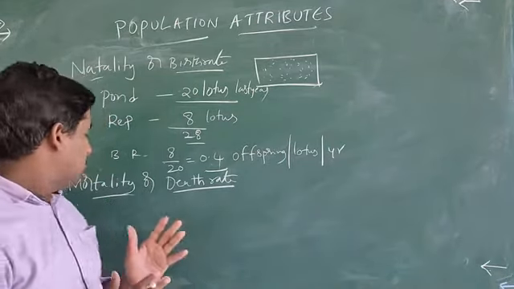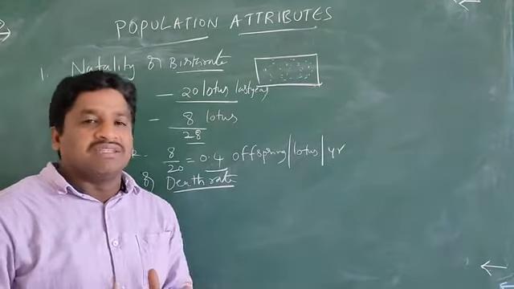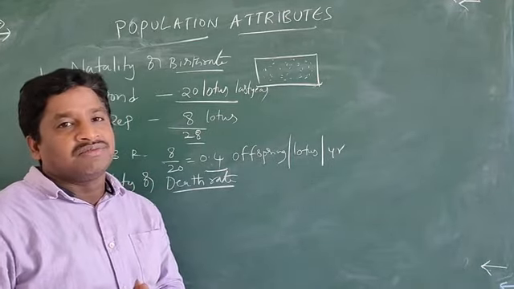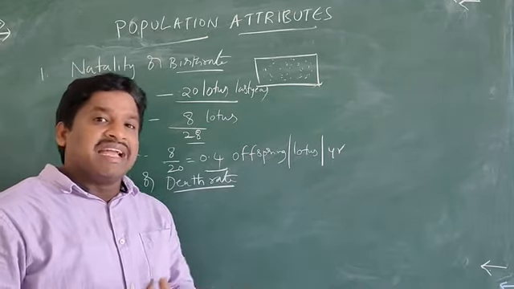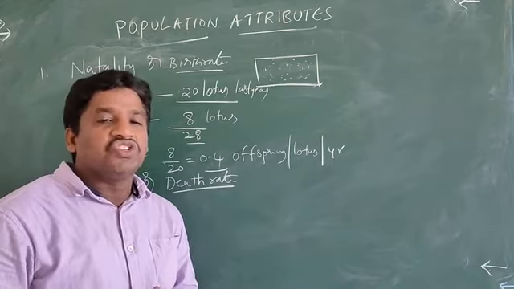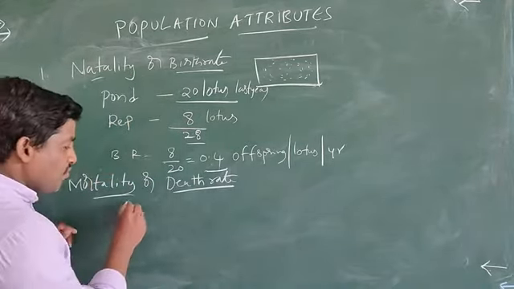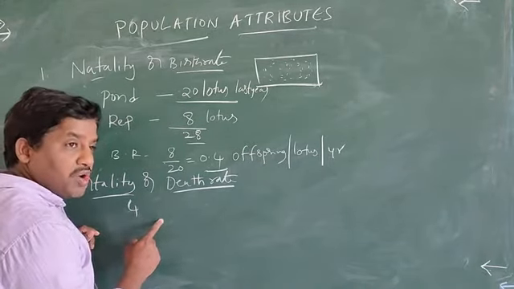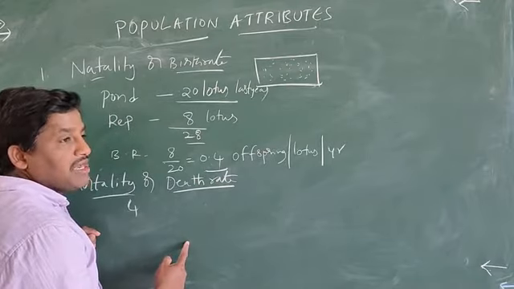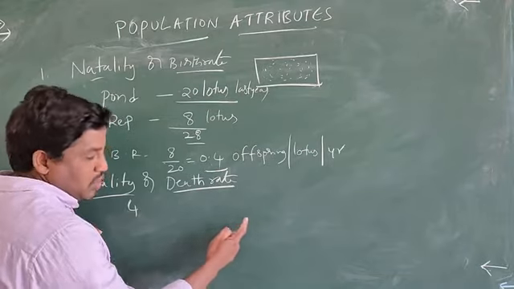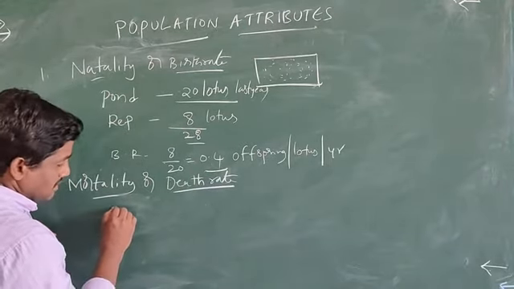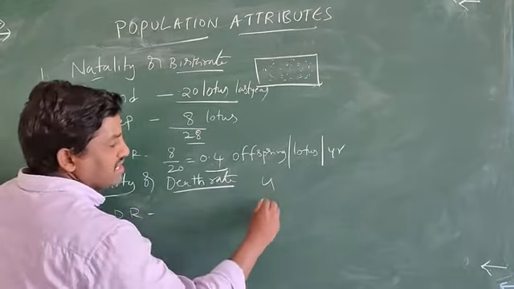Suppose, for example, for mortality, 4 individuals in a laboratory population of 40 fruit flies died during a specific period of time, say a week. How do we calculate the mortality, that means the death rate? 4 died out of 40.